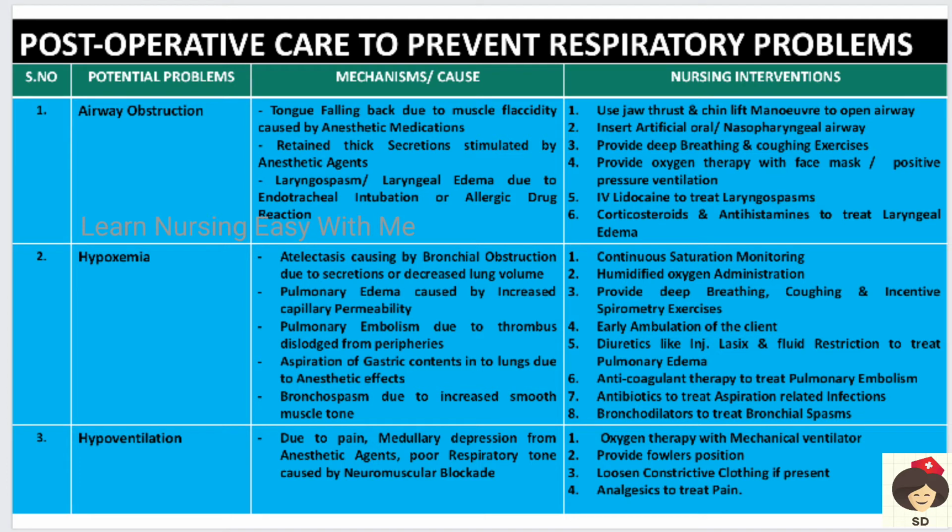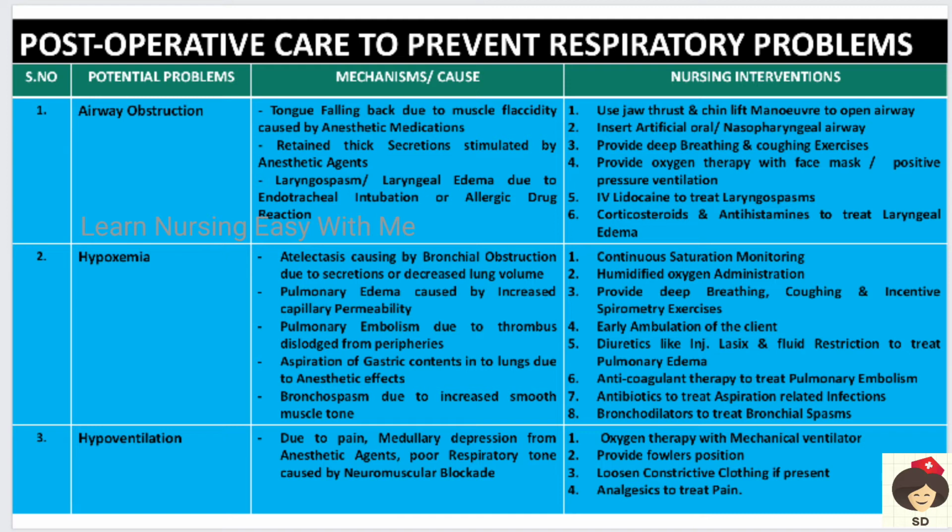And bronchospasm, again due to anesthetic effect, the smooth muscle tone increases and bronchial constriction can occur. So here saturation has to be monitored. Humidified oxygen should be given either by face mask, or if not tolerated, ventilation can be provided. And deep breathing, coughing, and incentive spirometry exercises are to be done.